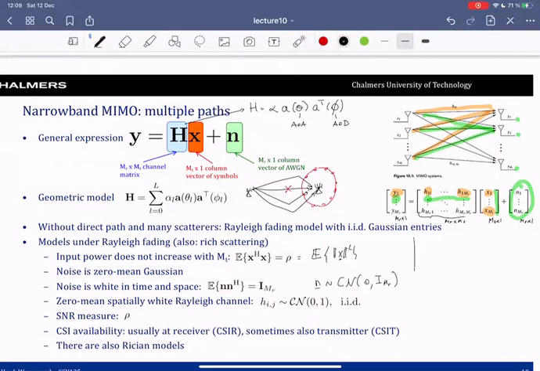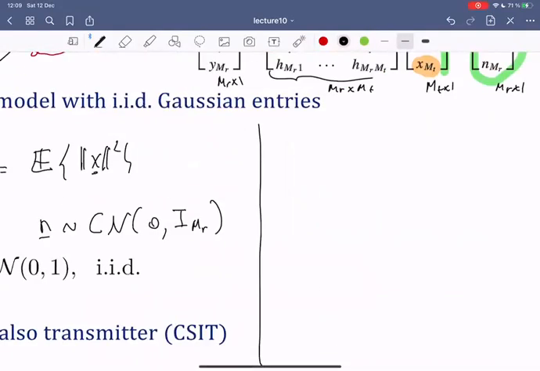Now, you could have written this differently, and let me do this here as a side note. You could have said that y is Hx plus n, where n is complex Gaussian, zero mean, variance N_0 times the identity matrix.